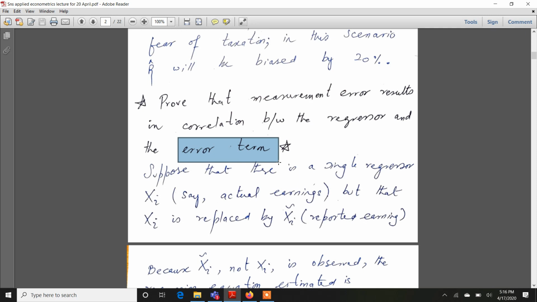And what happened there? Whenever the x or the regressor is correlated with the error term, we have the problem of endogeneity, right? So let's prove it here that if we have measurement error, then there is a correlation between the regressor and the error term, and consequently there is the problem of endogeneity.